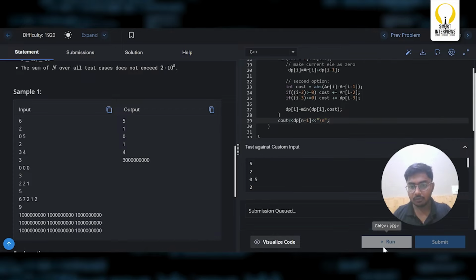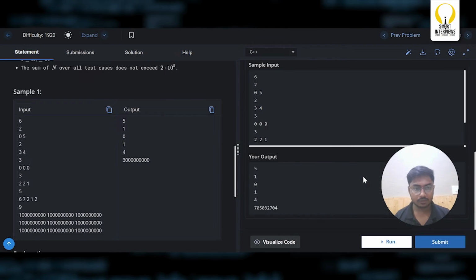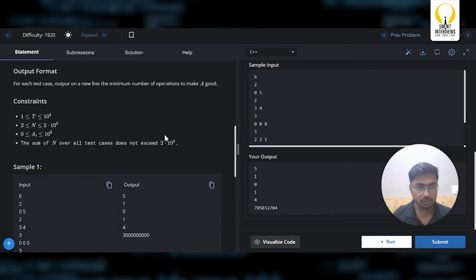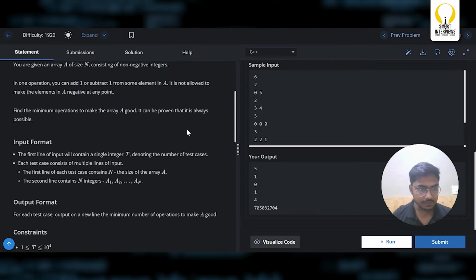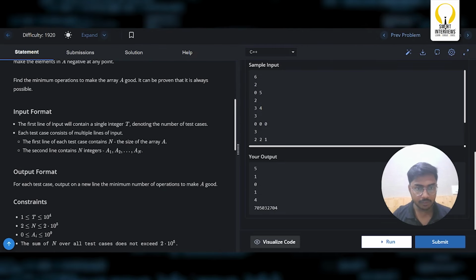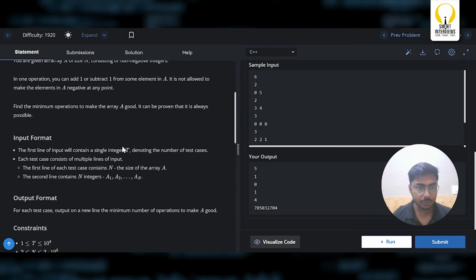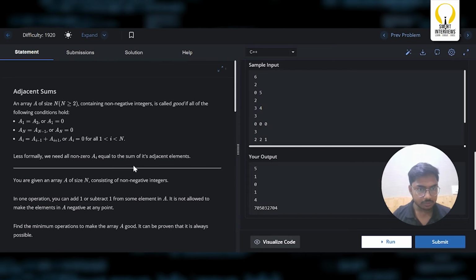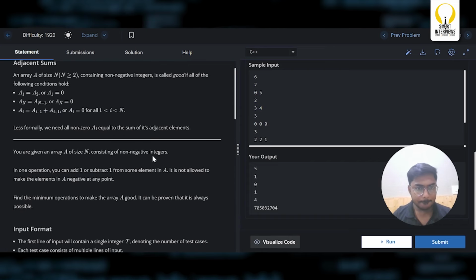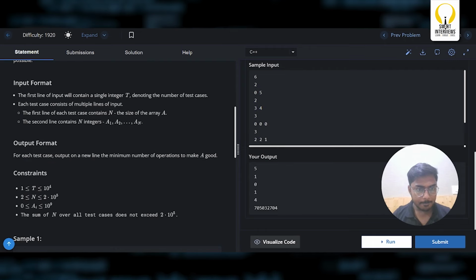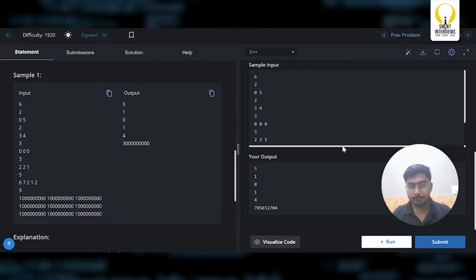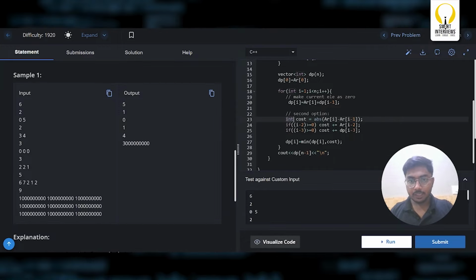Let's try to run our code. Okay. Anything else that is given in the question? Output format: minimum number of operations to make A good.